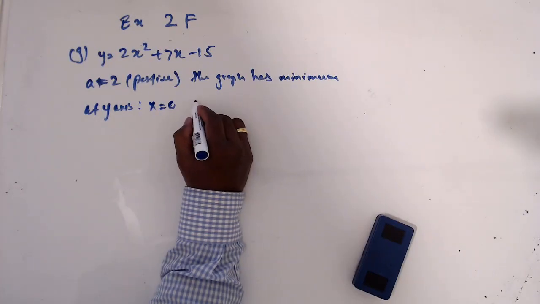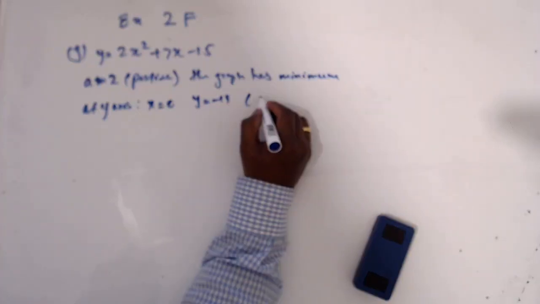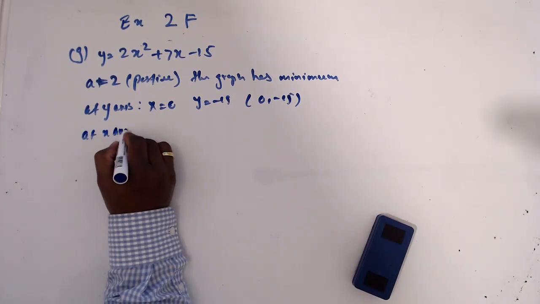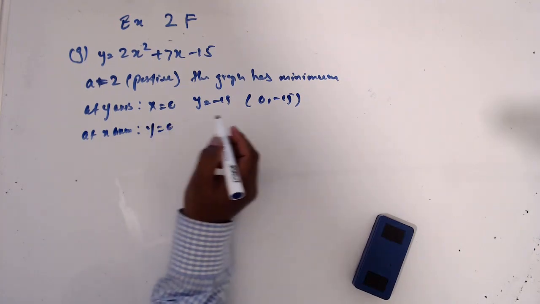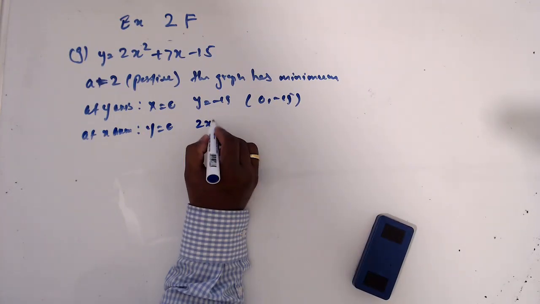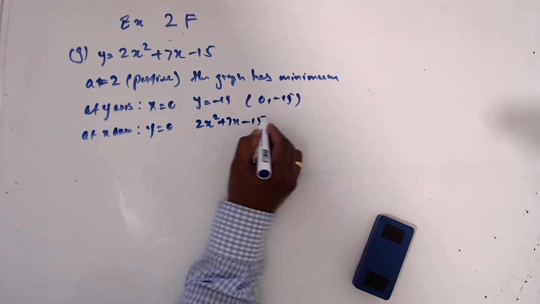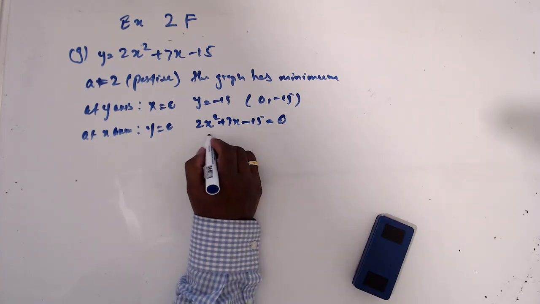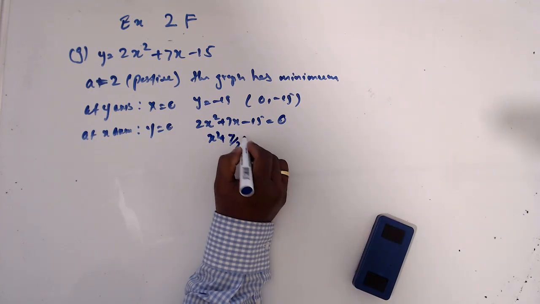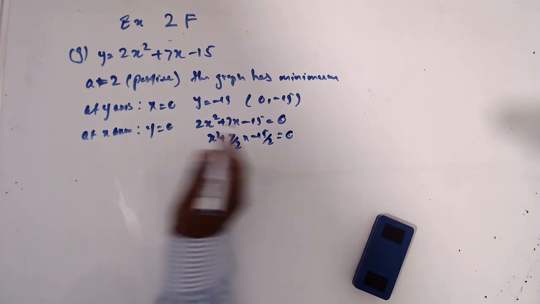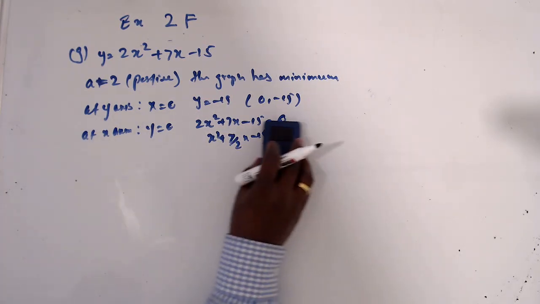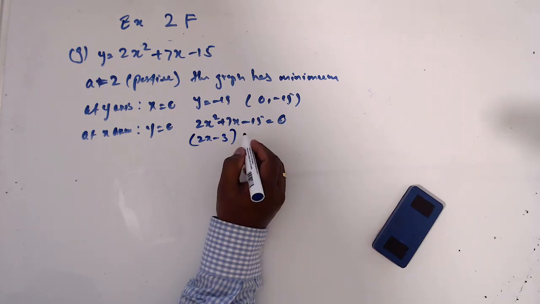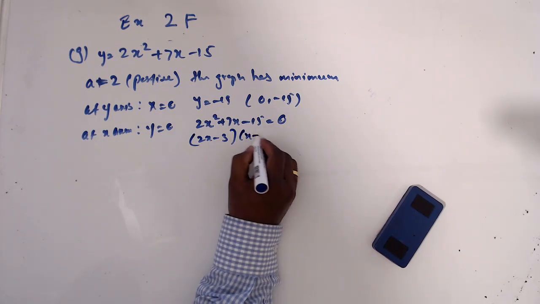X equals... before that, sorry, we can 2x minus 3, x plus 5.